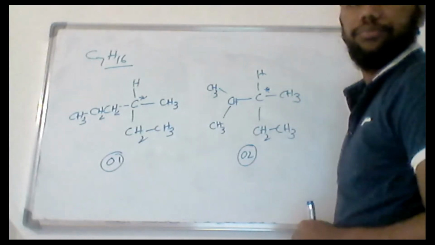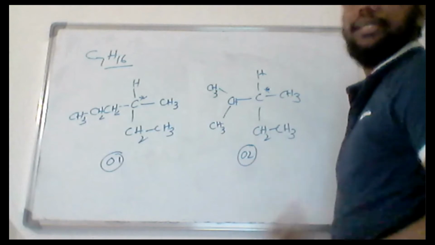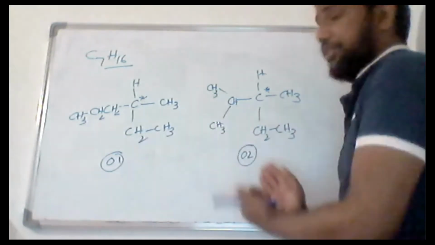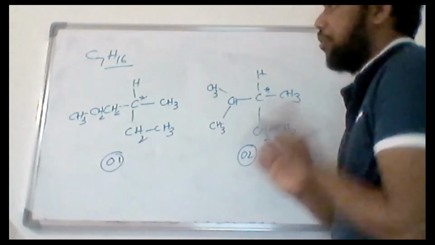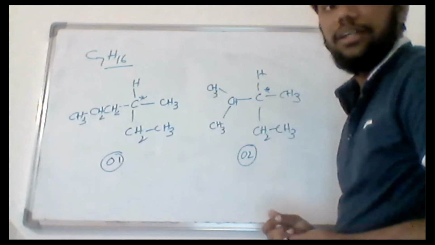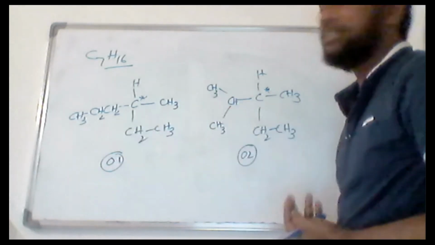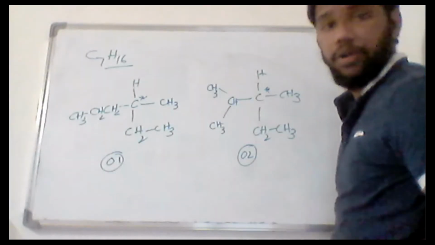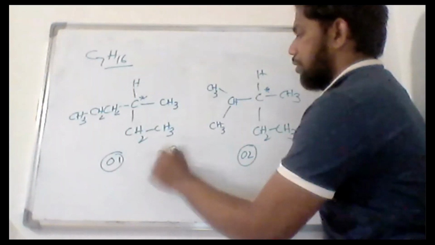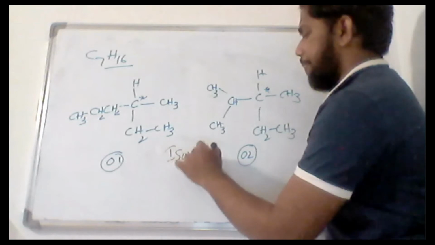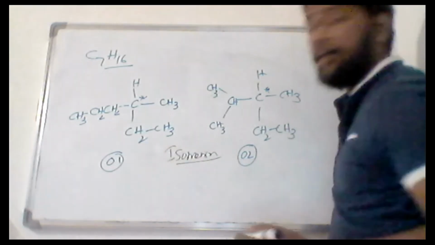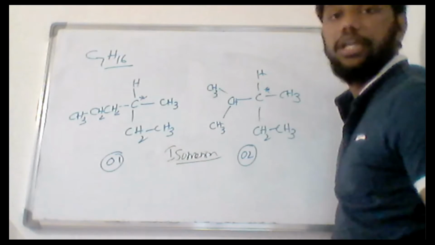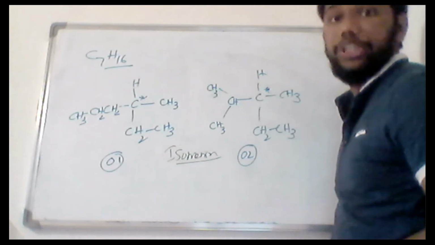According to that, the second question asks about these two, which are not enantiomers. What I have changed here is the skeleton. If you remember your isomerism, you have constitutional or structural isomerism and you have stereoisomerism.